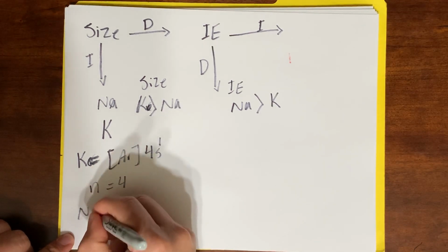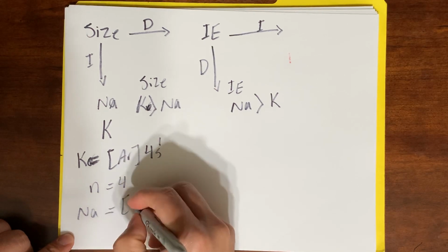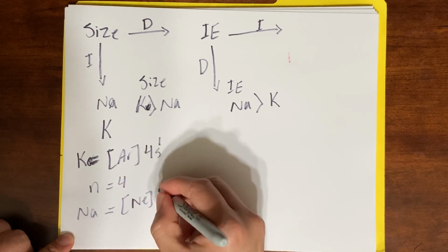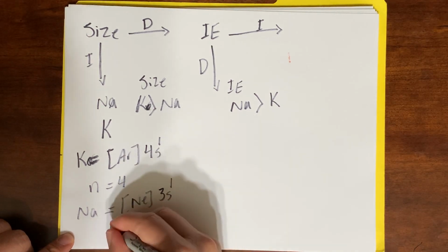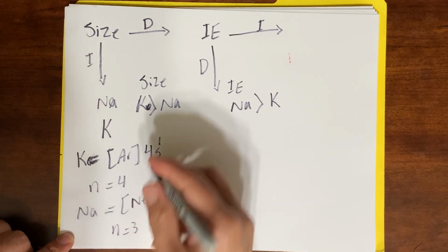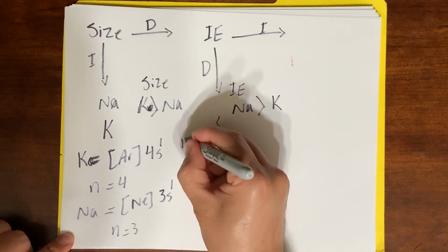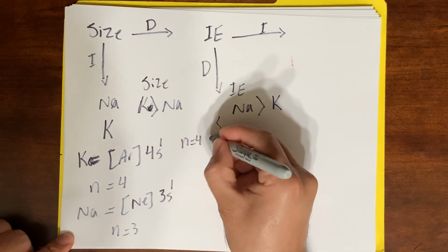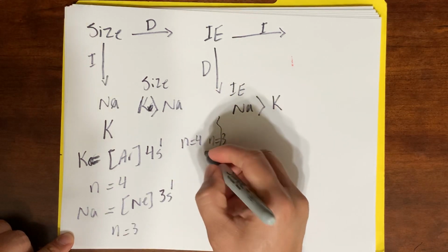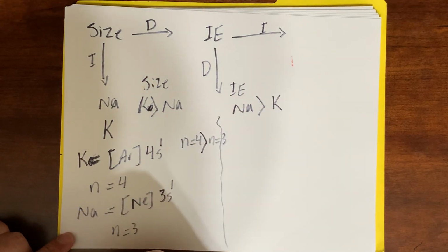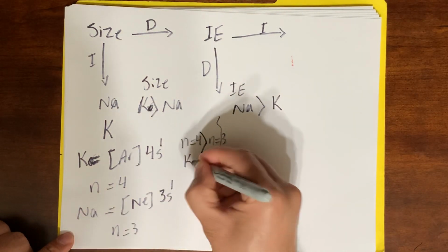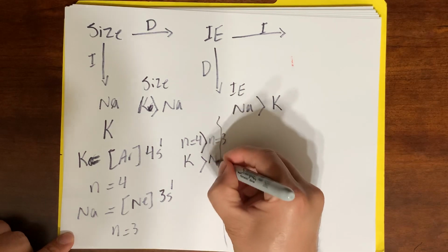Sodium is neon 3s1, the highest n is equal to 3. If you want to compare them based on size, you go with the n. N4 versus N3. N4 will have bigger size than N3. So K will have bigger size than sodium.